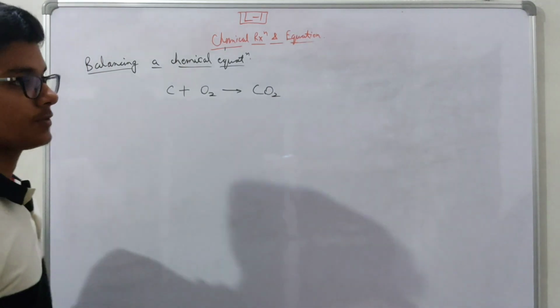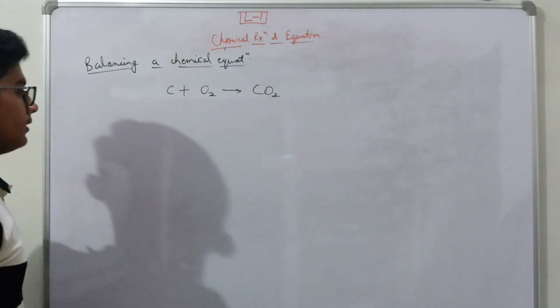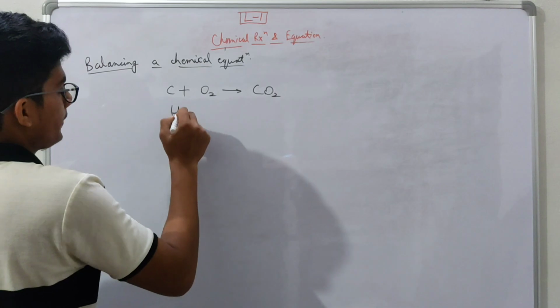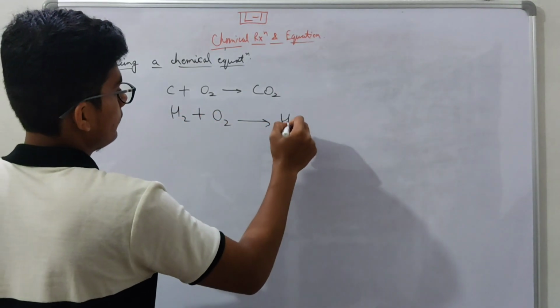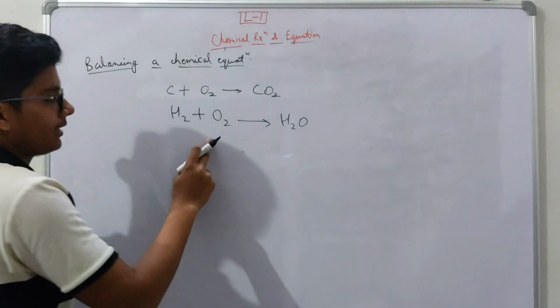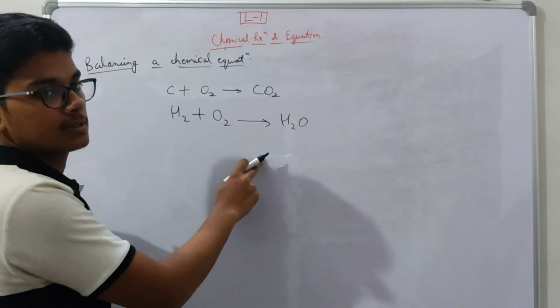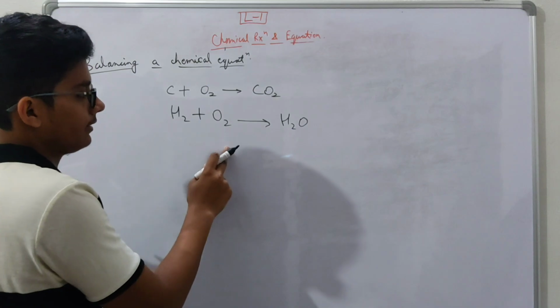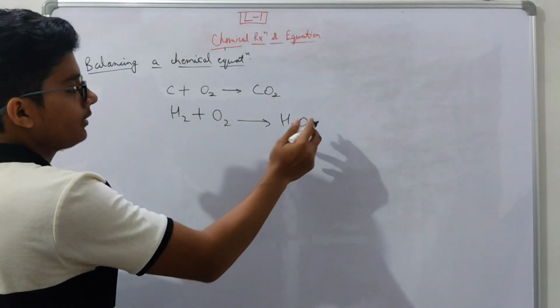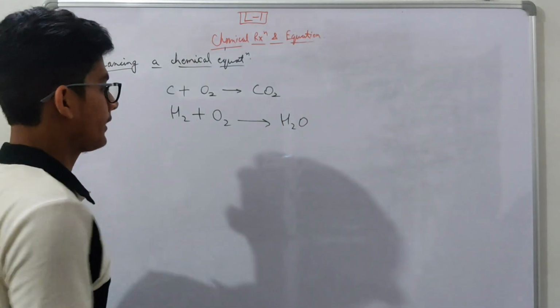But there are many equations that are not balanced. Example: H2 plus O2 gives H2O. You can clearly see that this equation is not balanced. There are two O on the left side, but only one O on the right side. So what will we do?